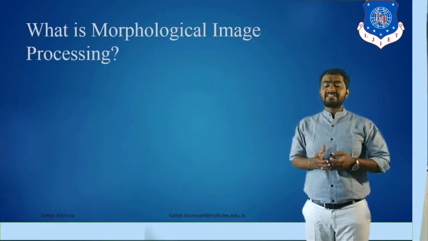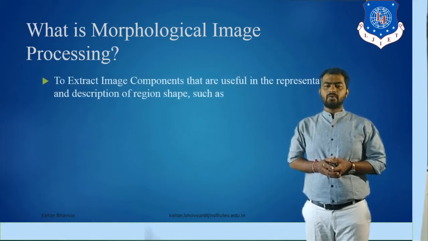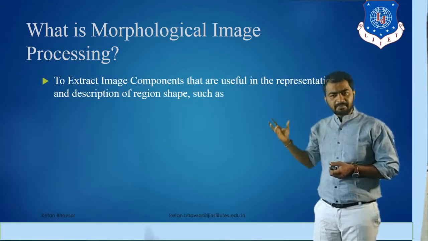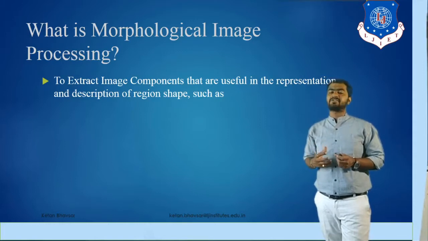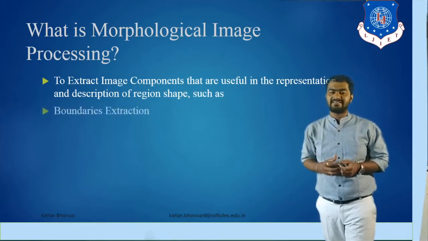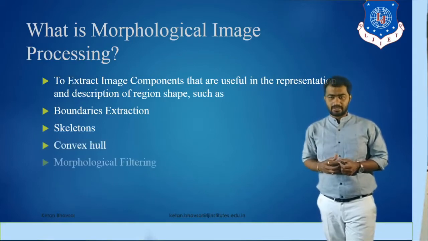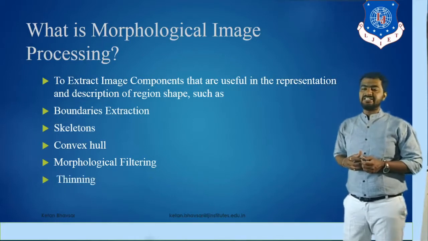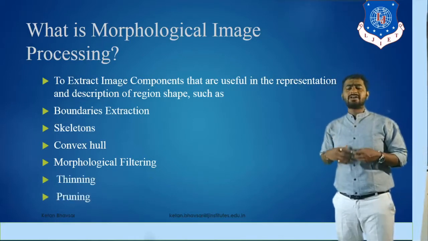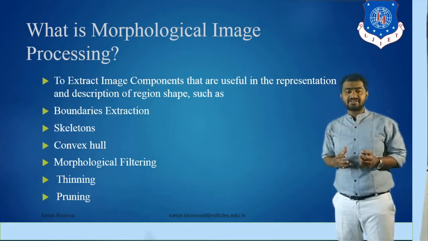Now the first question that arises in our mind is: what is morphological image processing? It extracts image components that are useful in the representation and description of region shapes, such as boundary extraction, skeleton, convex hull, morphological filtering, thinning, pruning, and other morphological operators like erosion and dilation.